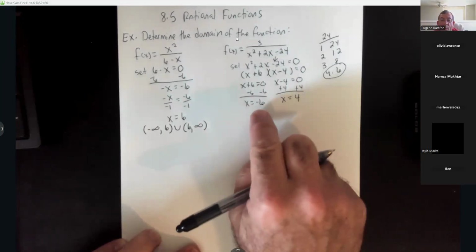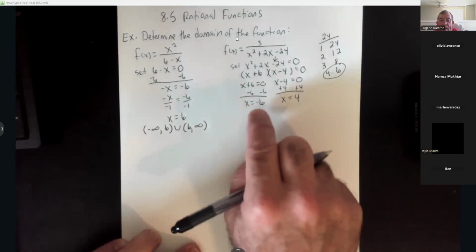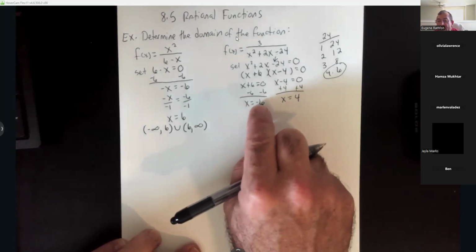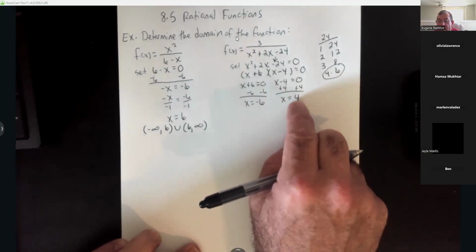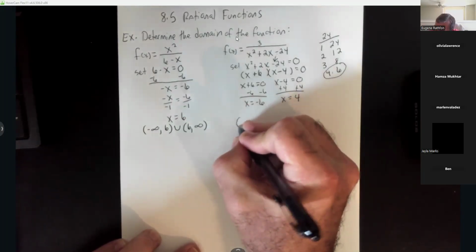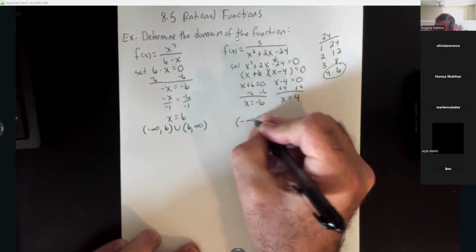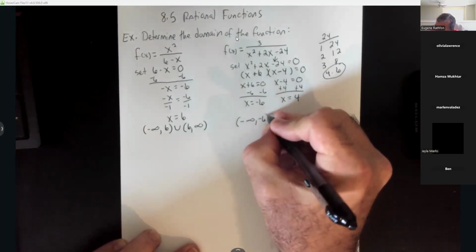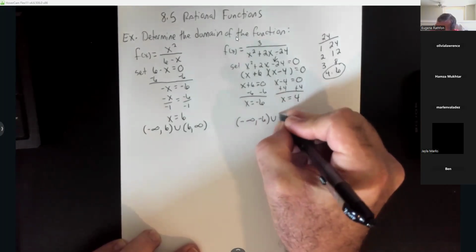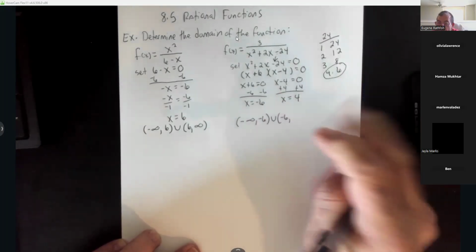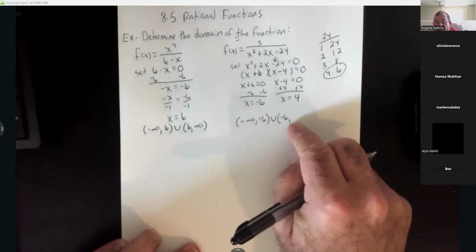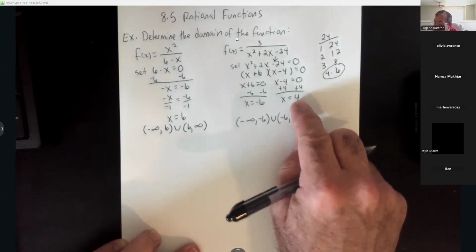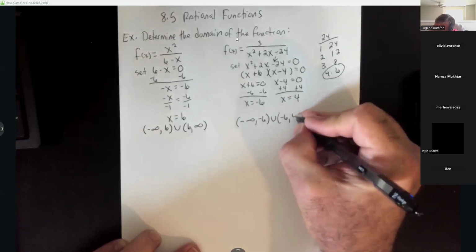So when we write the interval, we got to go in order from left to right. So we're going to kick out the negative number first and then the positive number. So we're going to start at negative infinity until we get to negative 6. We're going to union around that negative 6. From negative 6, all the numbers can be included until I hit 4. So we need to kick out 4.